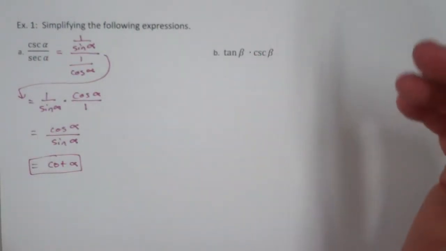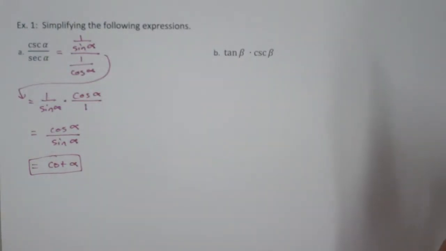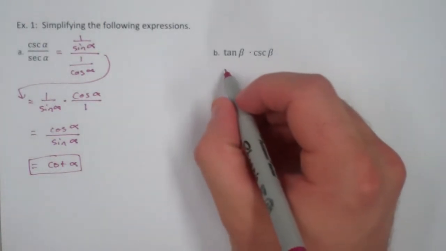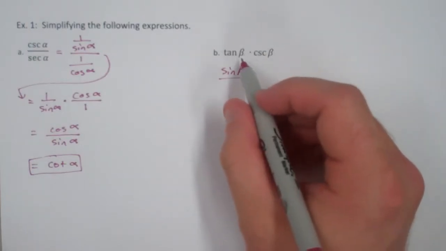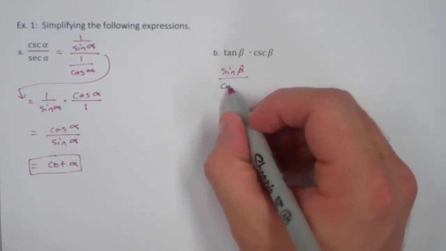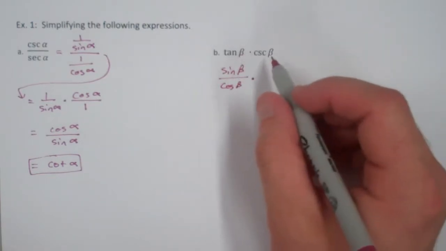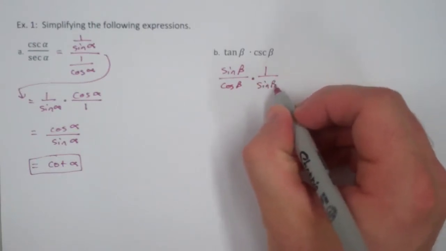And again, the method that we used was try to change everything into sine and cosine. Let's try the same thing here on this one on the right. The tangent is sine over cosine, and that's a beta there. Kind of looks like a B, but it's got a little tail. It's a Greek letter. The cosecant is 1 over the sine.